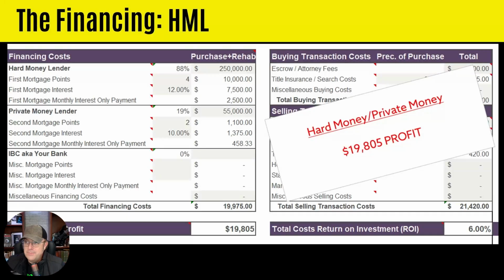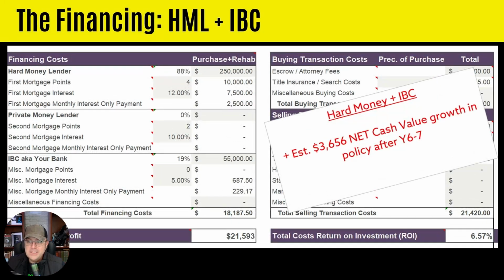But anyway, he's going to borrow the cash value of $55,000 himself. He's going to borrow against his own policy, so you see that reflected over here. He's still going to use hard money, 12 and 4, and then private money would be himself. He'll borrow against his own policy at a 5% cost.